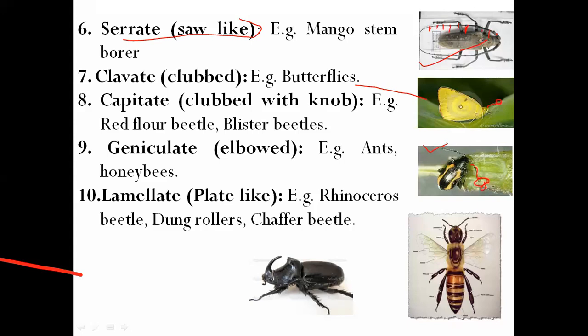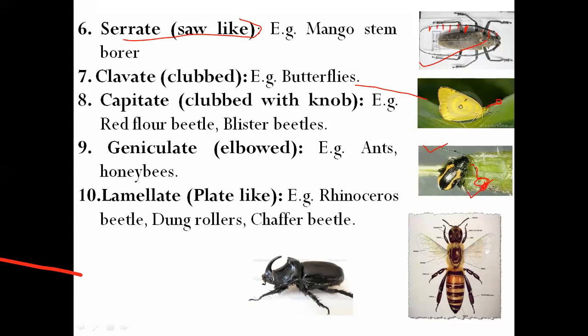Never confuse clavate and capitate. Clubbed means clavate, where there is sudden enlargement at the tip, as in butterflies. And here in beetles there is enlargement of segments of the insect antenna with a club, and at the end a knob formation, which is called a club, known as capitate.